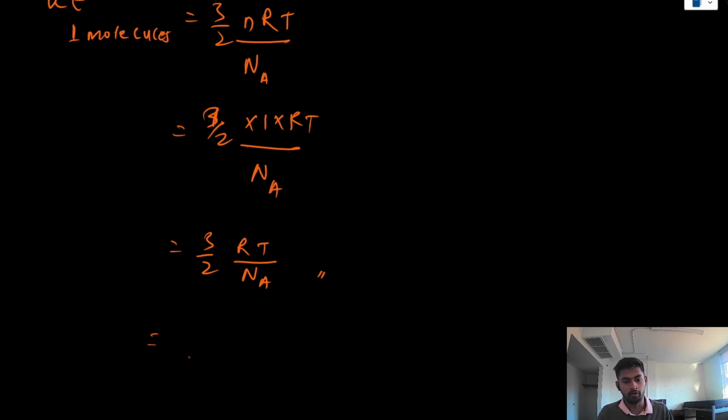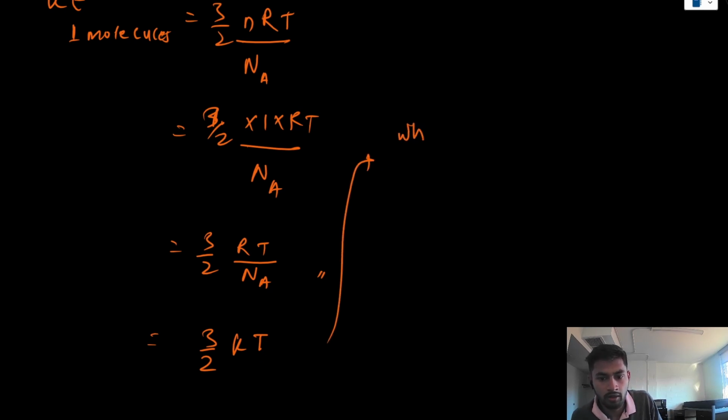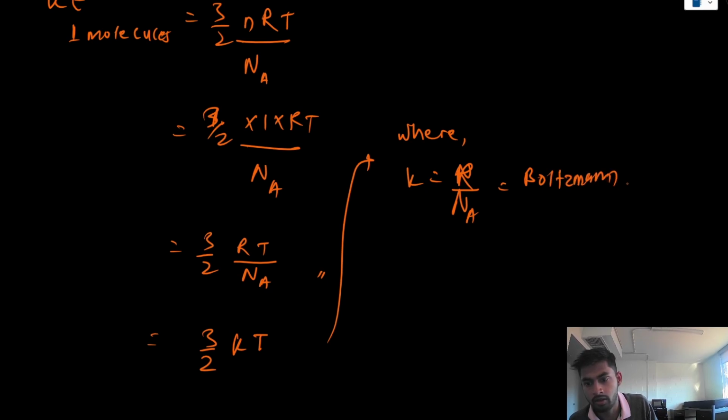And if you have heard of it, the Boltzmann constant also comes from here, which would be 3 by 2 kT, where k is equal to R by Na, which is the Boltzmann constant.